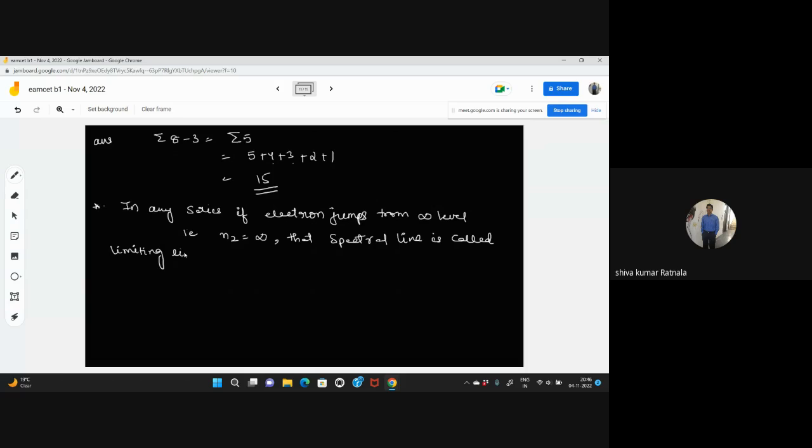Okay, limiting line. That means if n2 goes to infinity, that will be the limiting line we can say.